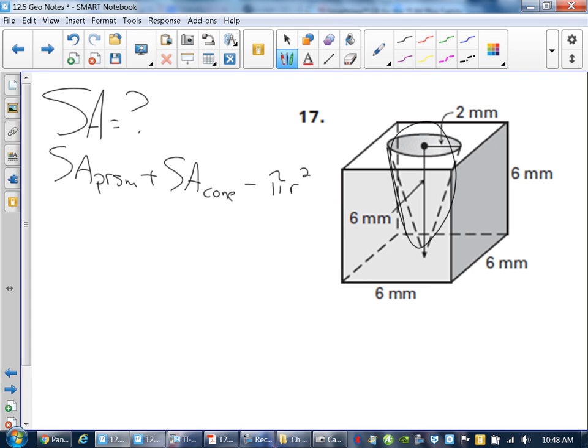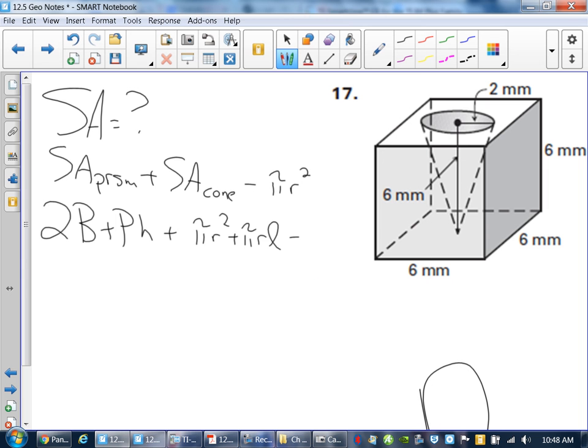So with the formula then, you go back by writing everything out. Well, surface area of a prism, twice the area of the base, plus the perimeter of the base, how high it is, how far apart they are. Pi r squared plus pi r l minus a pi r squared.